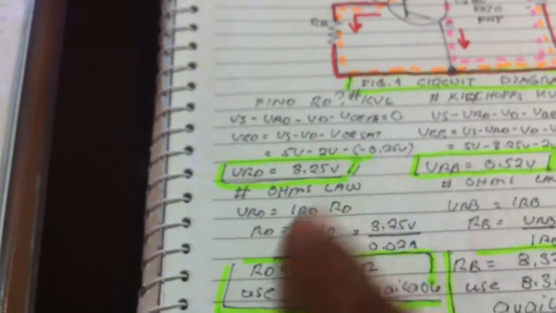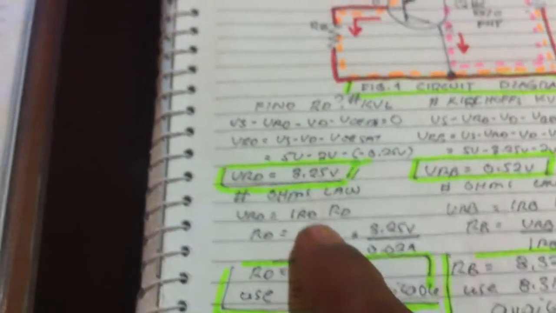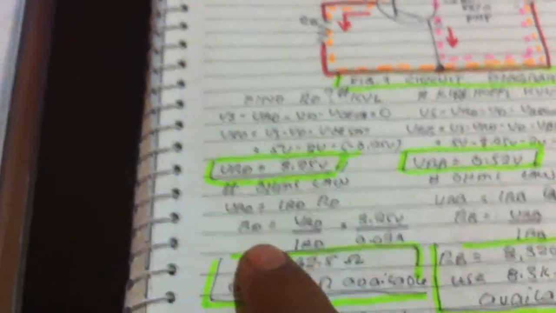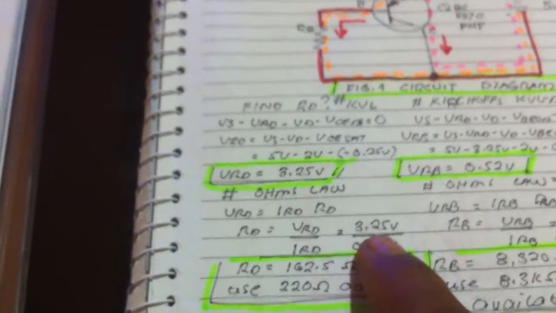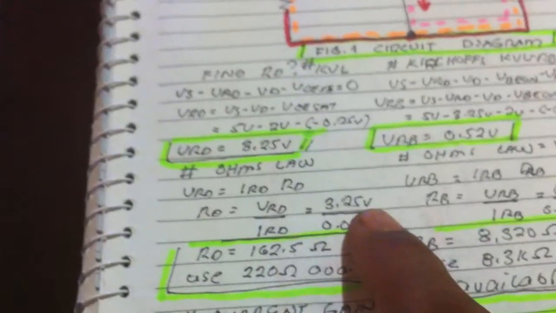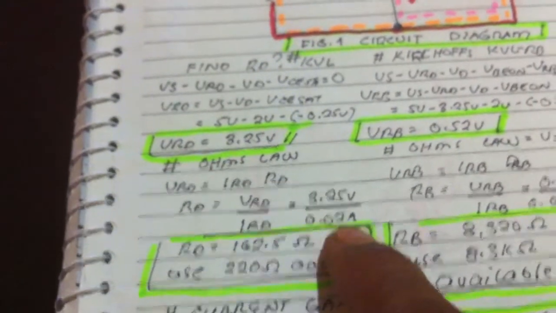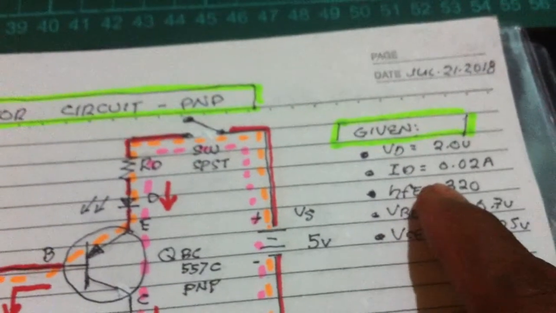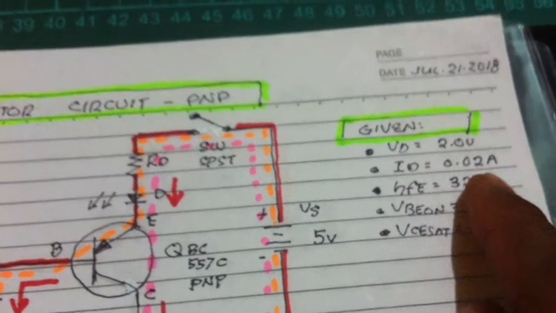And using Ohm's law, voltage is equal to current times resistor RD now is equal to voltage drop 3.25 and the current 0.02 ampere. That is given in the data sheet of the LED.